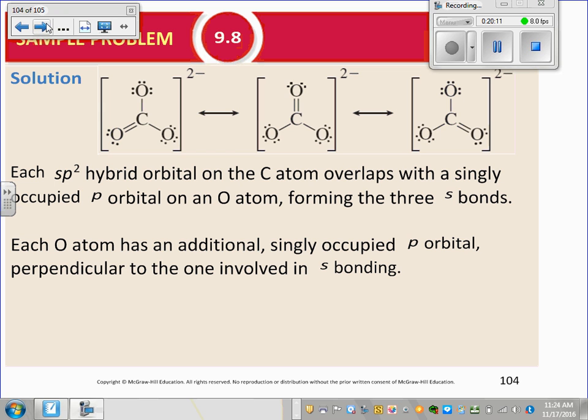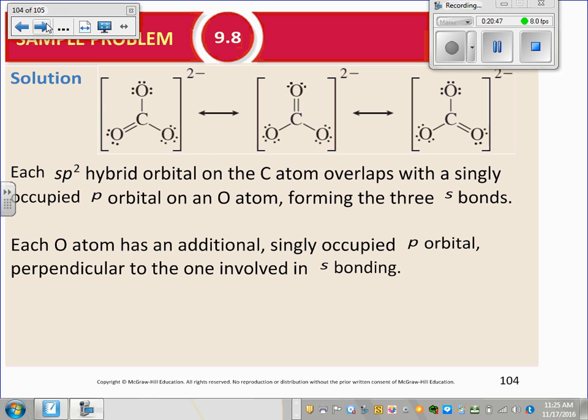So the sp2 hybrid orbital on the carbon overlaps with a singly occupied p orbital on an oxygen atom. So we have 3 sigma bonds. I know it says S, but it's sigma. Here's a sigma bond to an oxygen, a sigma bond here to an oxygen, and here's a sigma bond to an oxygen. 120 degrees apart, critical pointer.